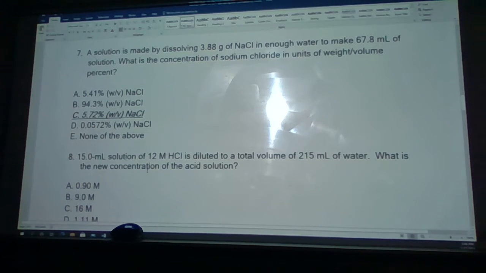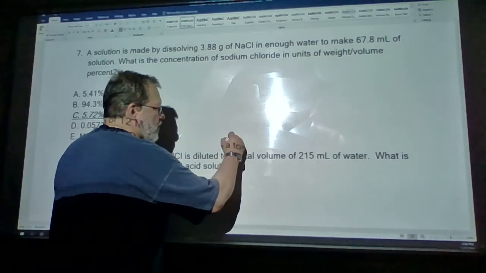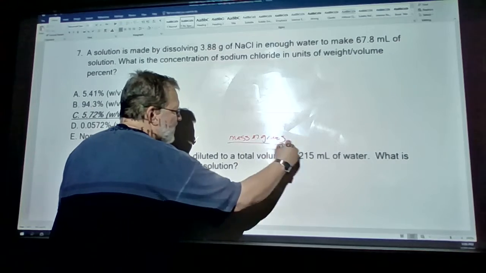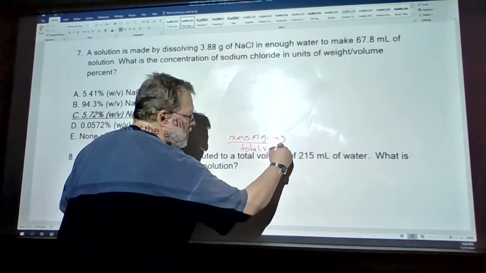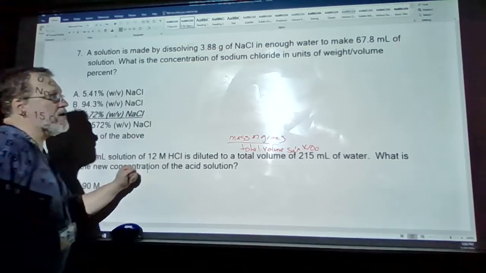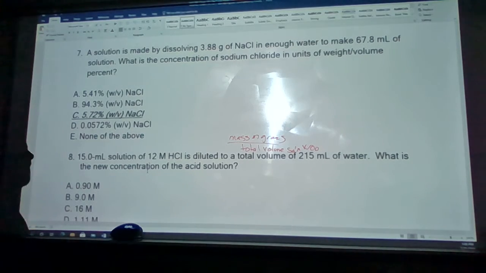Number 7. A solution is made by dissolving 3.88 grams of sodium chloride in enough water to make 67.8 ml of solution. What's the concentration of sodium chloride in units of weight volume percent? So weight volume, you take your mass in grams divided by total volume of solution times 100. So you have 3.88 grams of NaCl.